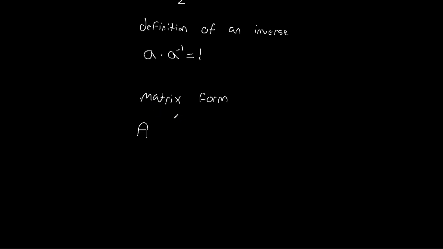We can designate multiplication, and we can designate inverse in the same way, with the variable we call the matrix with a -1. Just like with our scalar, this -1 notation means inverse. Now, in order for the definition of the inverse for numbers and for matrices to hold true, we have to determine the matrix equivalent of 1. Well, the matrix equivalent of 1 we've already discussed as the identity matrix.